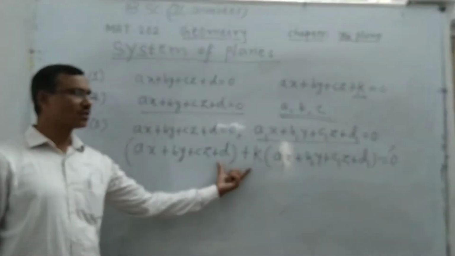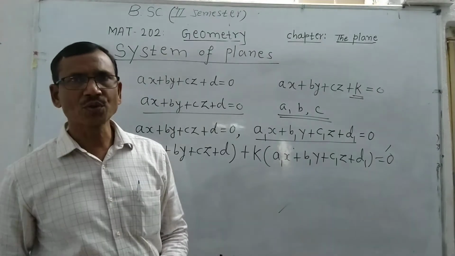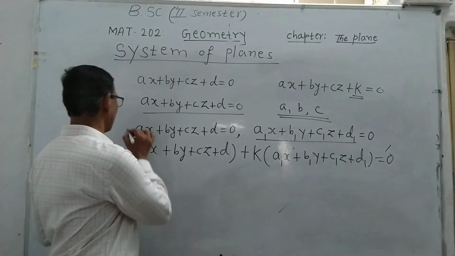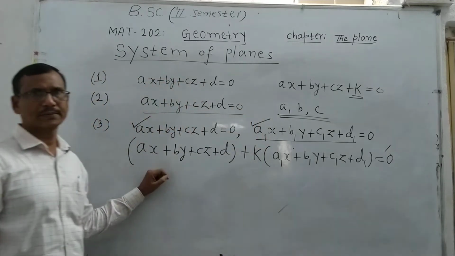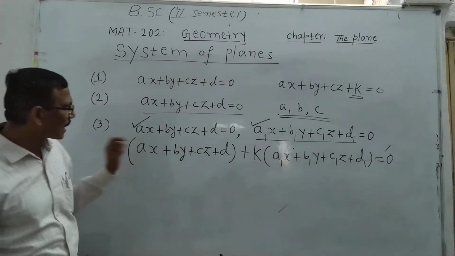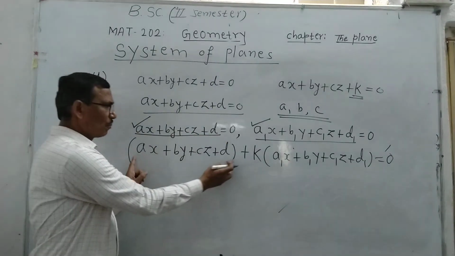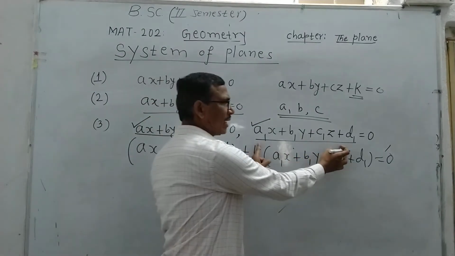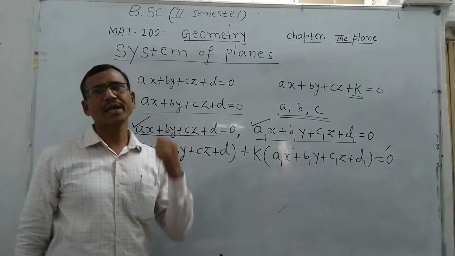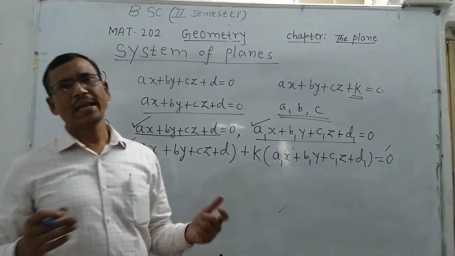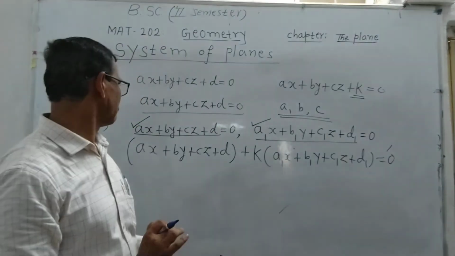Okay, this is the equation of the plane passing through the line of intersection of the given two planes. What is the formula? Consider the left hand side of the first plane plus k into the left hand side of the second plane equals 0. This is the equation of the plane passing through the line of intersection of the planes.